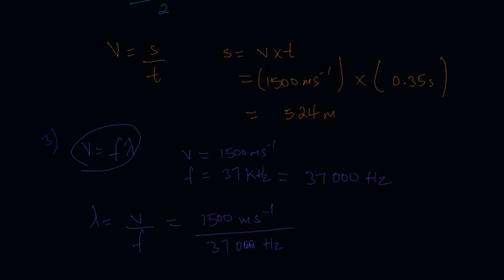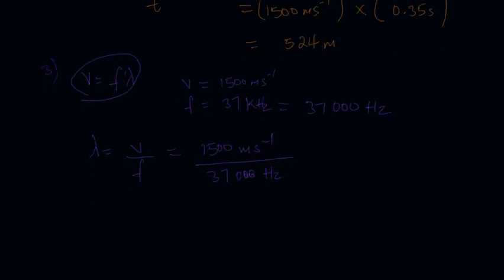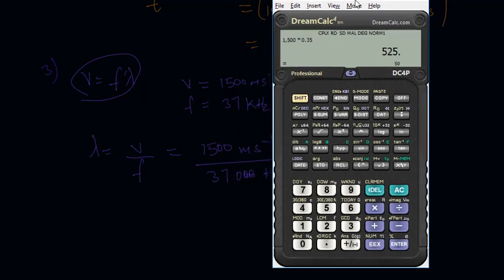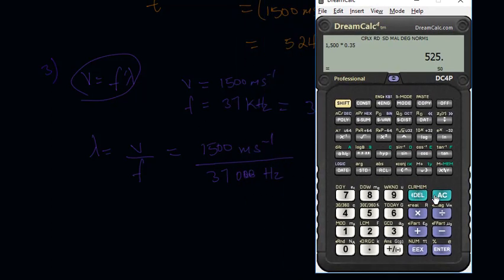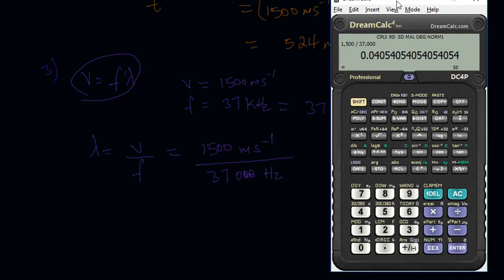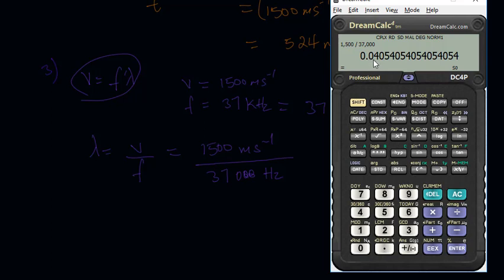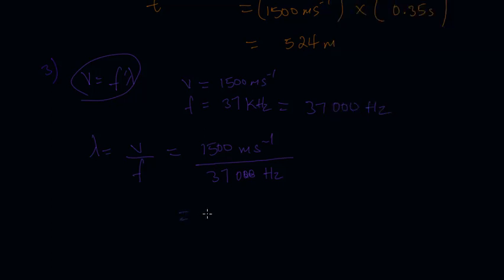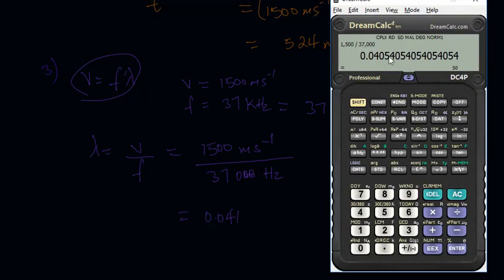And then we can call on the services of our calculator to find the wavelength. So we can write 1500 divided by 37,000 and we get a wavelength of 0.041 meters, because we round this value to the nearest value, which is 1.